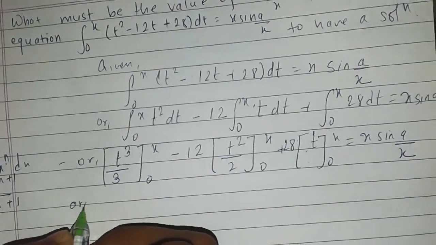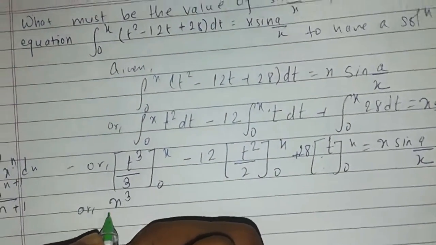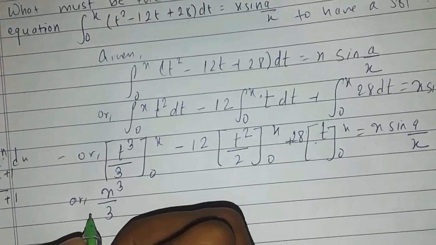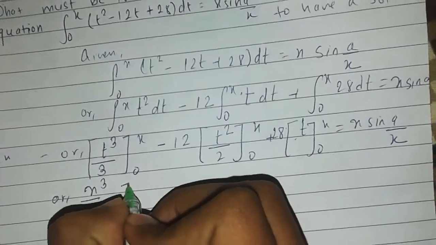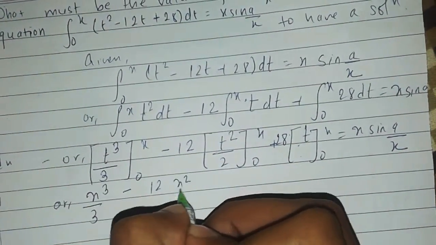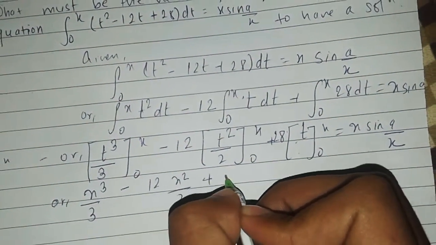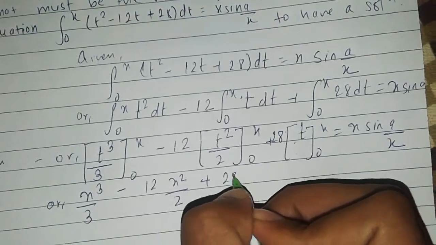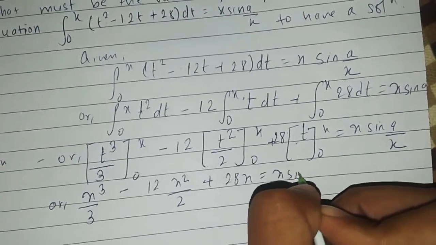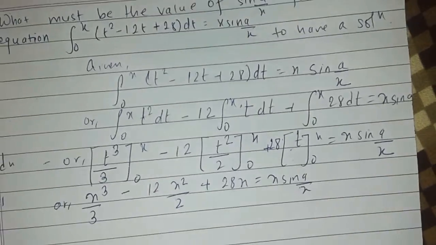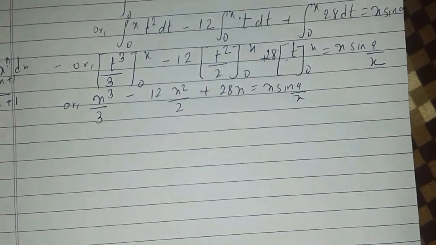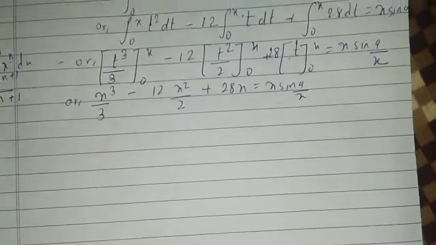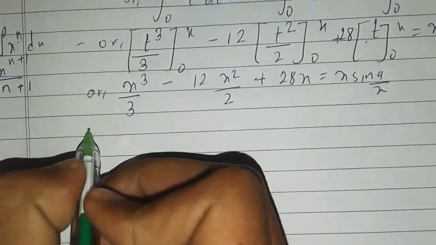So while you put down the values, what will happen? X cube by 3 here, and we don't have to put down the value of 0 because anything with 0 will be equal to 0 here. 12 x square by 2 plus 28 x is equal to x sine a upon x. Now we can see that on the left hand side and right hand side we have x common, so let us cancel these out.